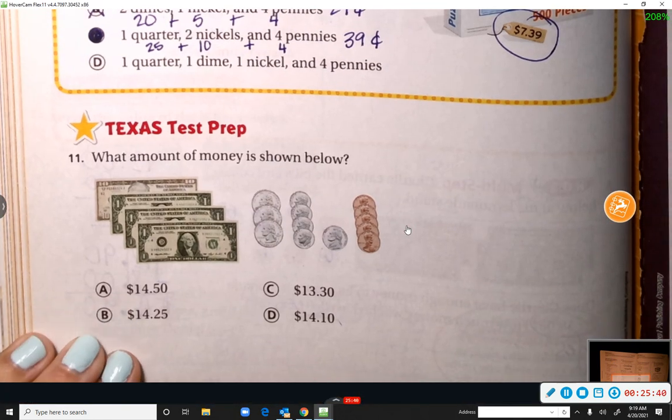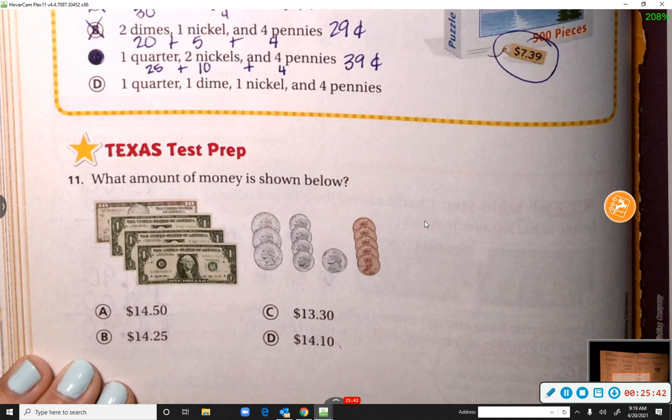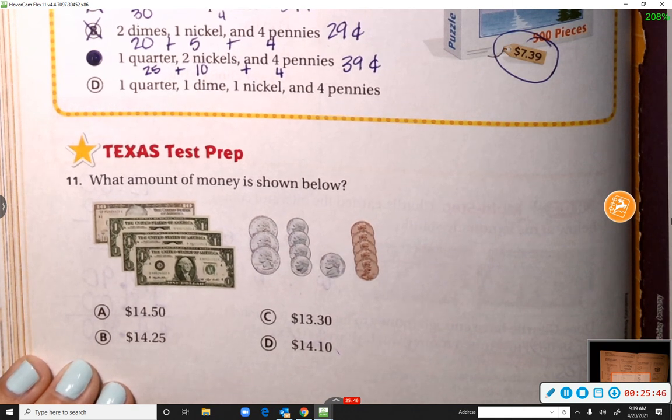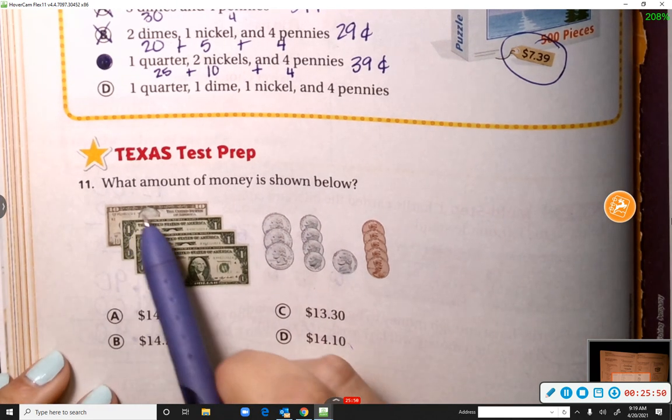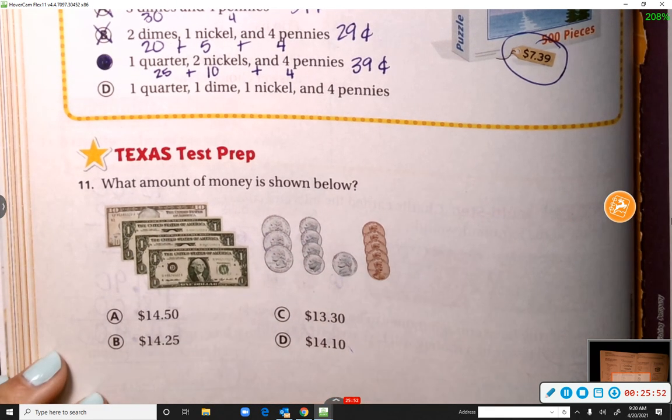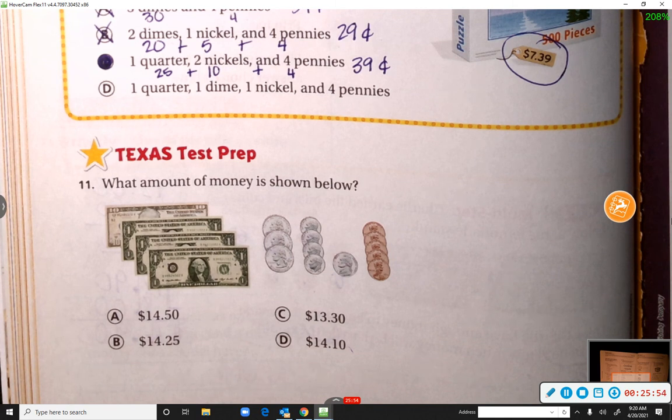Okay, last one. What amount of money is shown below? Again, we're going to start with the bills and eliminate any answer choices if we can. So I have 10, 11, 12, 13. Can I eliminate any? Yes. Which one? D. Nope.